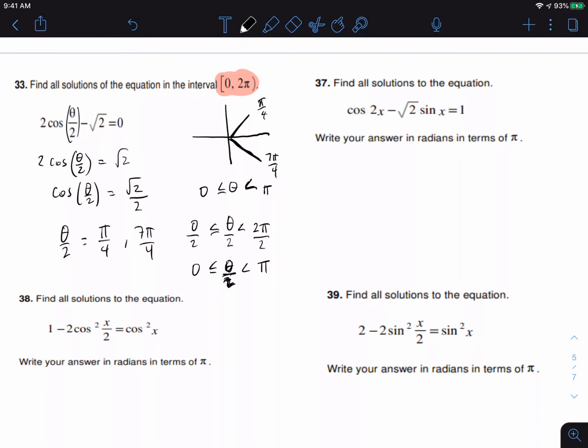Because when we do the full circle, it's both answers. But this restriction here tells us that we're only going to be looking at this region in our unit circle. And so it can only be that point right there. You guys okay with that?